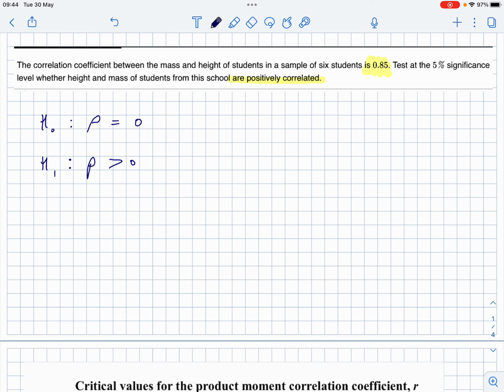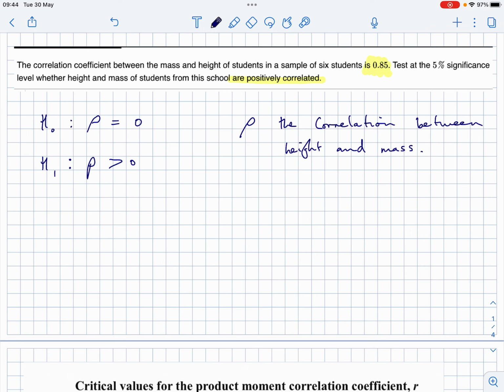We then have to define what rho is, and this would be the correlation between height and mass. Okay, so we've done that bit.